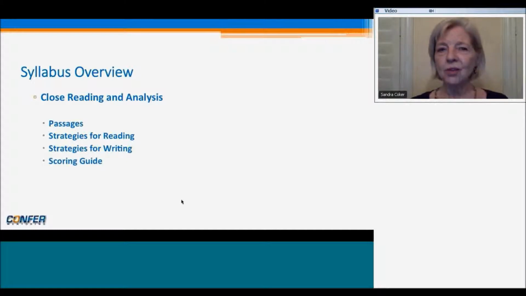And then we'll look at the scoring guide for analysis, and we'll really break it down into its parts and see how the elements go together to show the students their expectations.